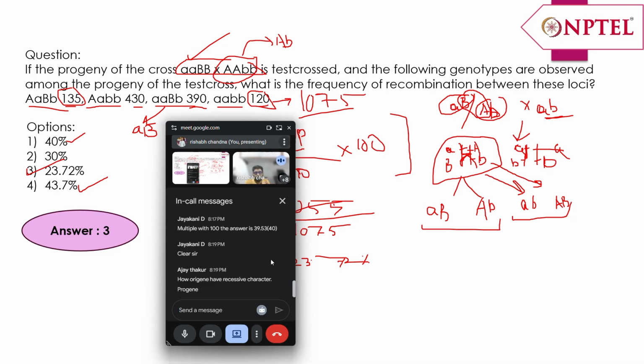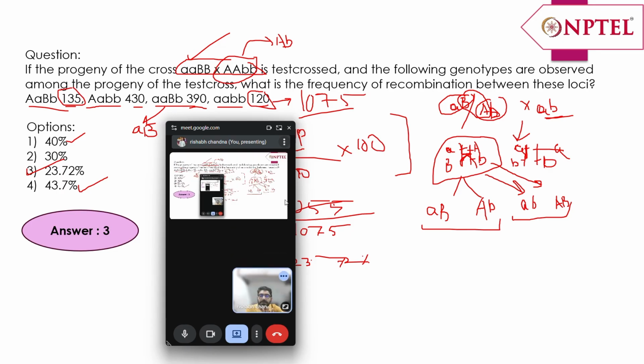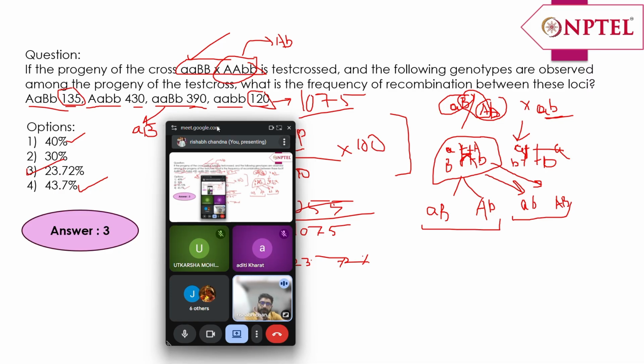On the other side, the recessive character is one that is dominated by the dominant character, so it would be less in number. The dominant character would be fitter than the recessive character. That's why the recessive character is suppressed by the dominant one. Am I clear, or have I understood your question correctly?